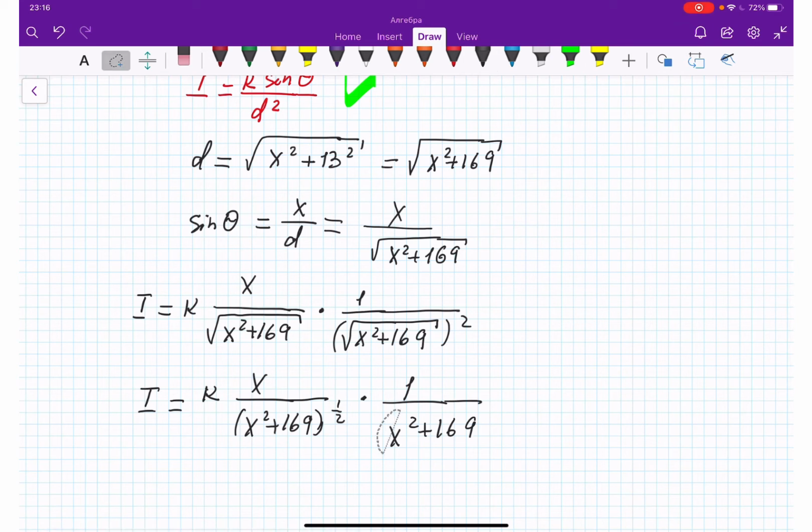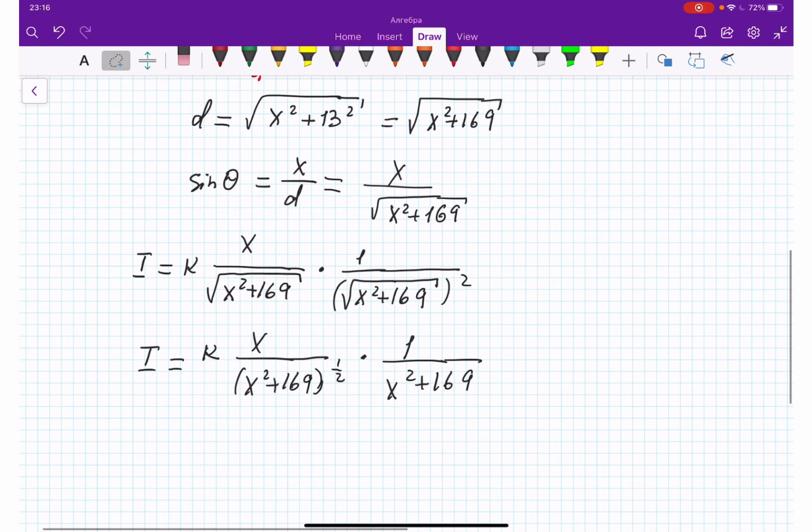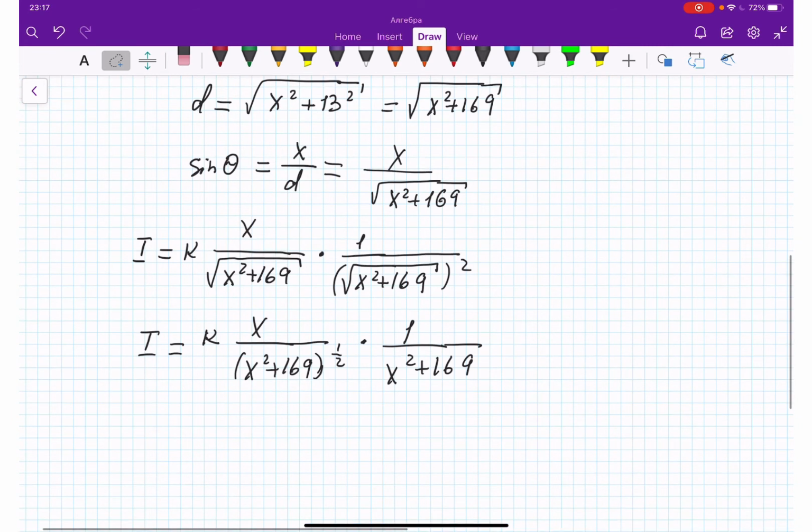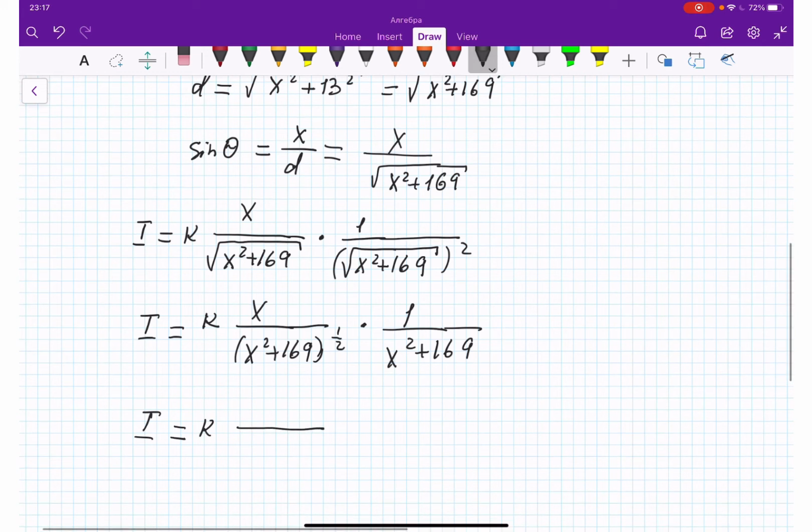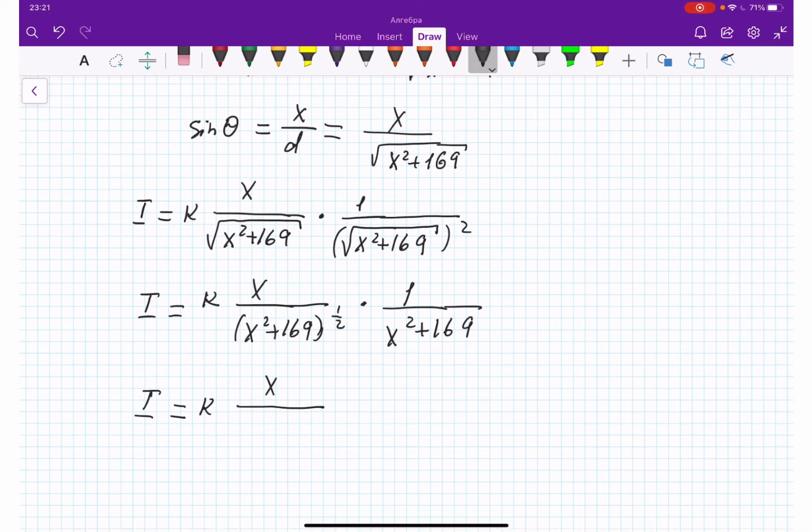Because the square root to the power 2, whatever is underneath comes out. Okay, so what do we get here? I is equal to k times x over x squared plus 169 to the power 3 over 2, right?